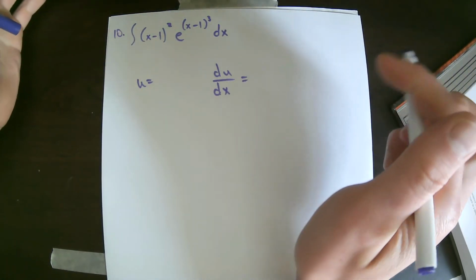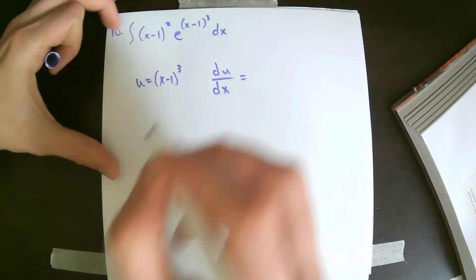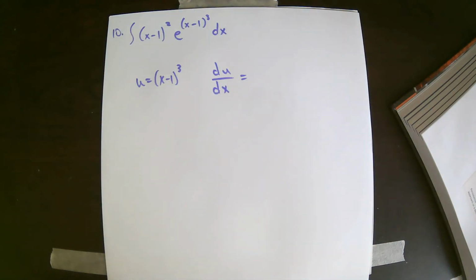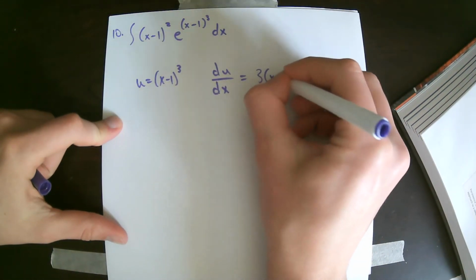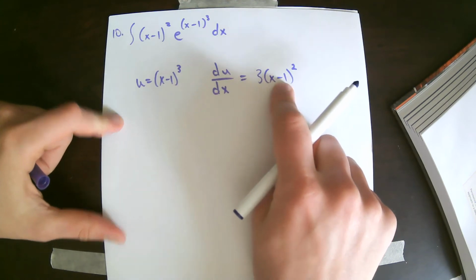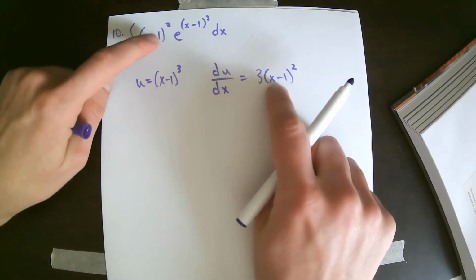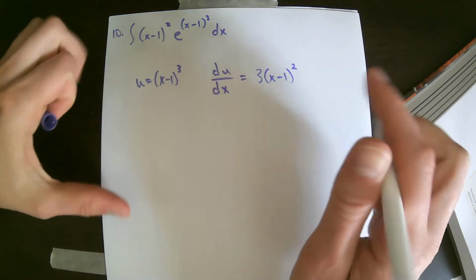So how is this going to work? I've got to let it be x minus 1 cubed. That way, when I take the derivative, now I've got x minus 1 squared, and that matches here. That's good.